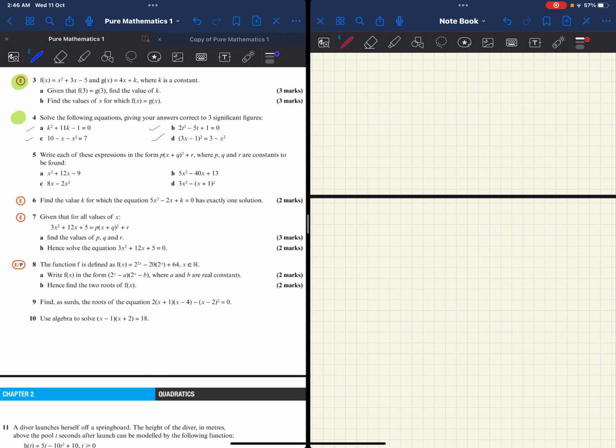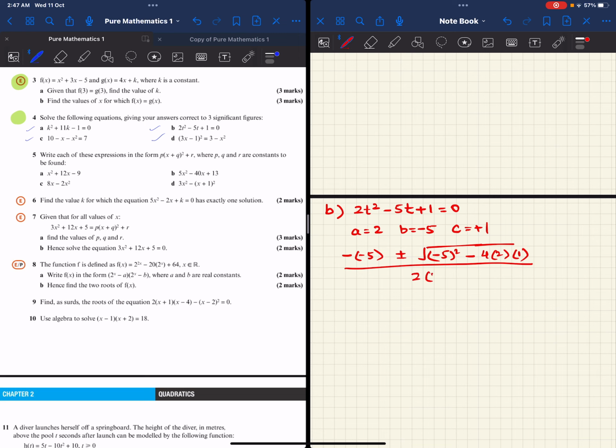Moving on to B, we have 2t squared minus 5t plus 1 is equal to 0. So here our a is 2, b is negative 5, and c is positive 1. So minus b plus or minus square root of b squared minus 4 into a into c divided by 2 into a value.